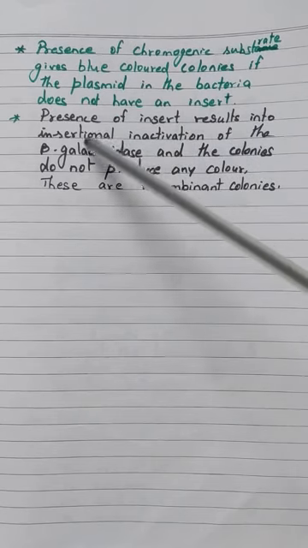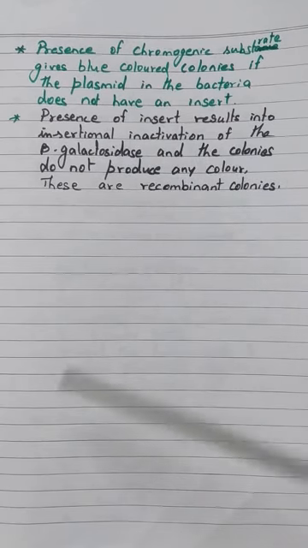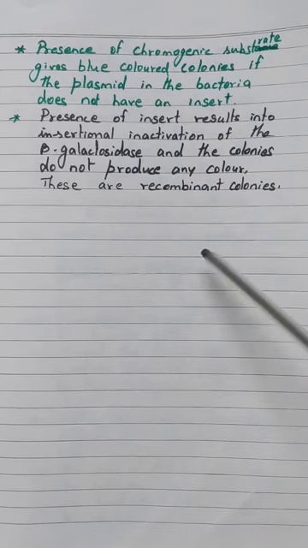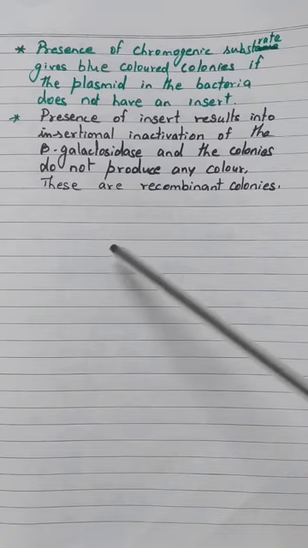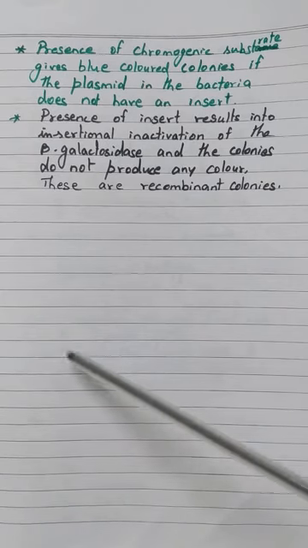The presence of insert, what is the insert? rDNA results in the insertional inactivation of the beta galactosidase, and the colonies do not produce any color. And the colonies that do not produce any color are recombinant colonies. In this way, the recombinants are selected from the non-recombinants. This method is very easy, a better method than the previous one in which we used antibiotic resistance genes.